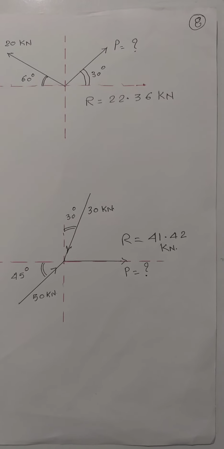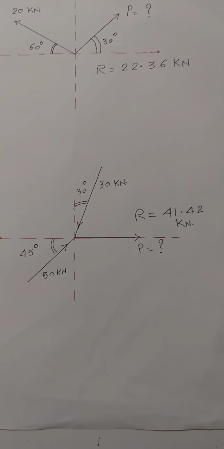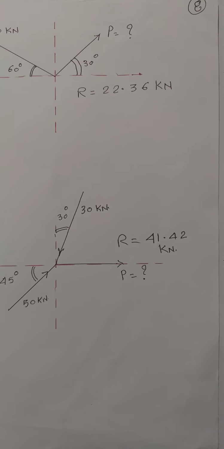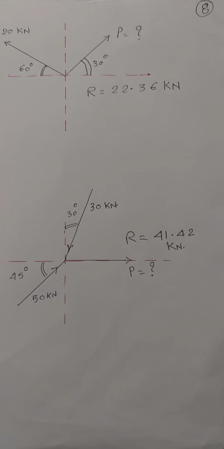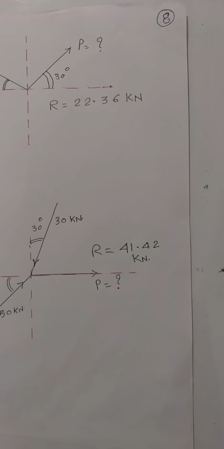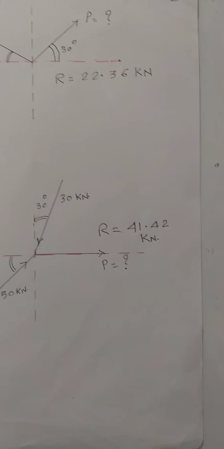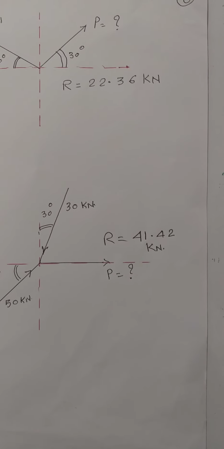Both the forces of 30 kilonewton as well as 50 kilonewton are facing towards the origin, while the unknown force P is acting outward, towards the positive side of x. Here again, the resultant of all three forces is already given as 41.42 kilonewton.